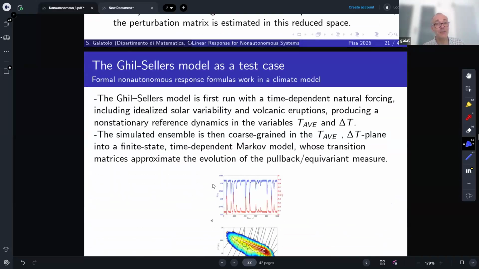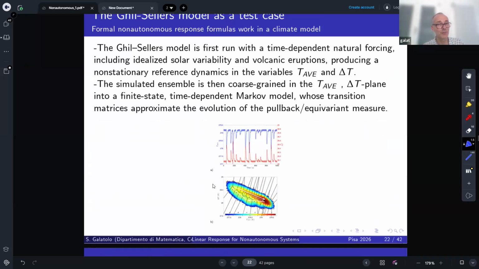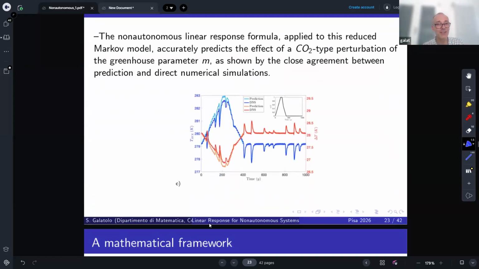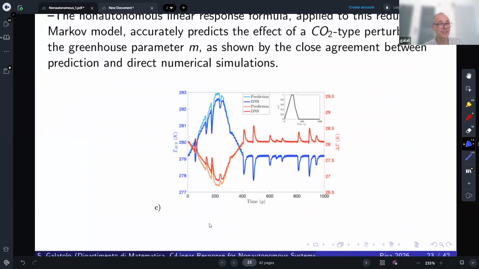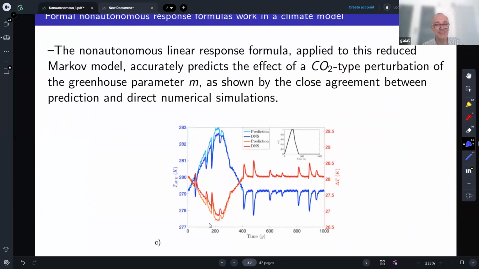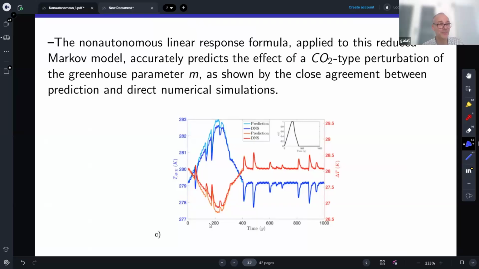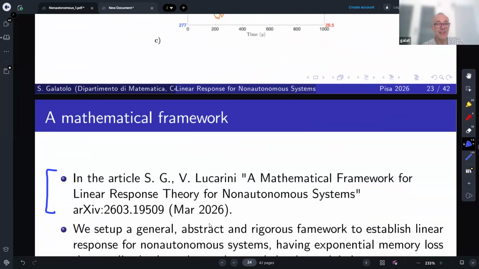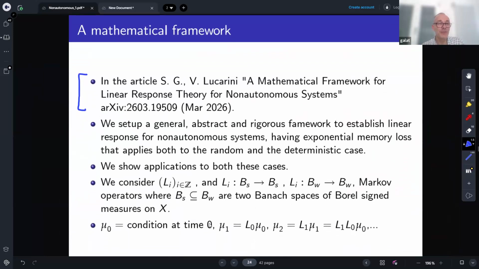And Valerio tried to test this non-autonomous response formula on this model. He got some quite nice agreement with the simulation. So in this winter, there was some numerical work suggesting that the formulas were correct. This would be interesting to explain, but there is no time. But if you have some questions about this, I will be happy to explain. Please contact me. If you are curious, I can explain how this example works.